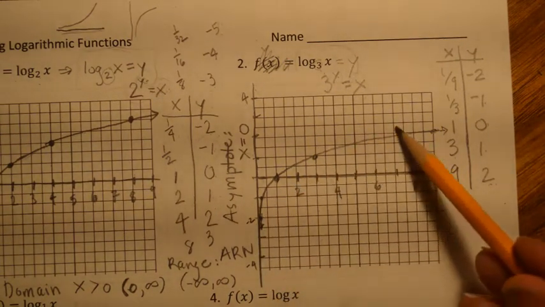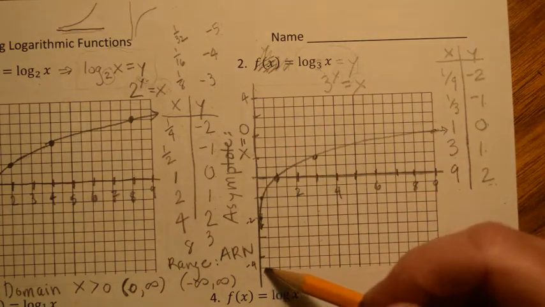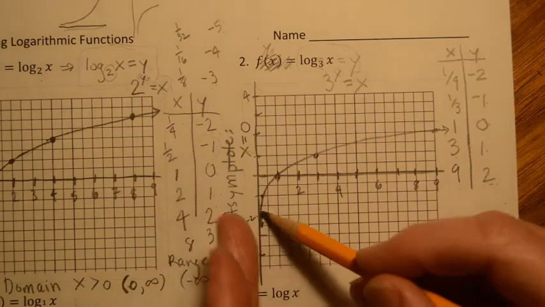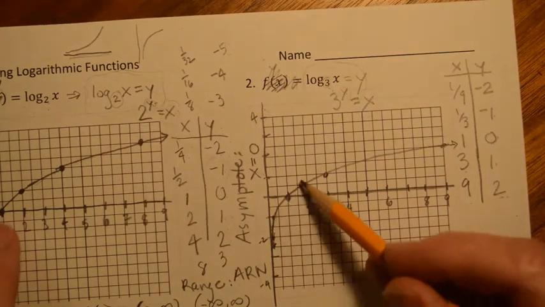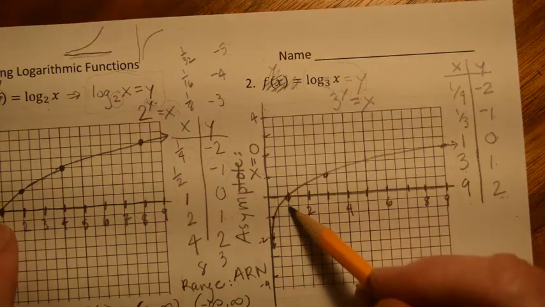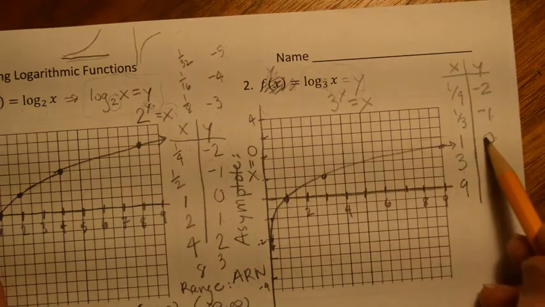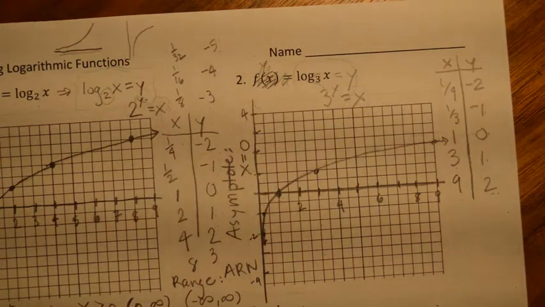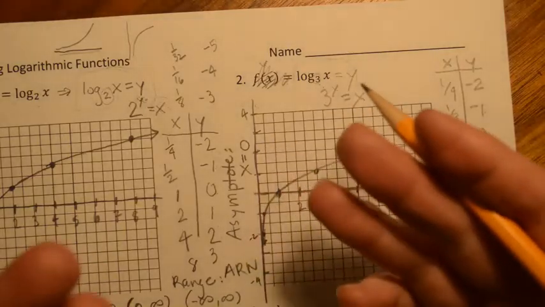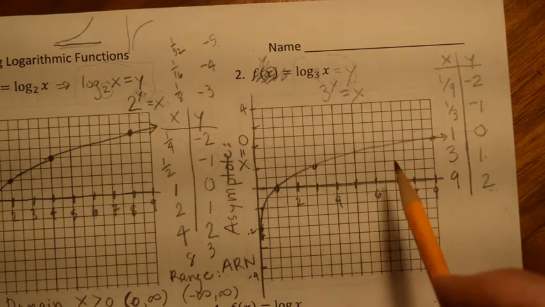It still looks like that same thing. It's going to start down really, really steep here in the low negatives and come up. It's crossing the x-axis at x equals 1. And then it's kind of just doing a turn off to the right, and it's going to go on forever. So the log family-ness of it, the log resemblance is there.